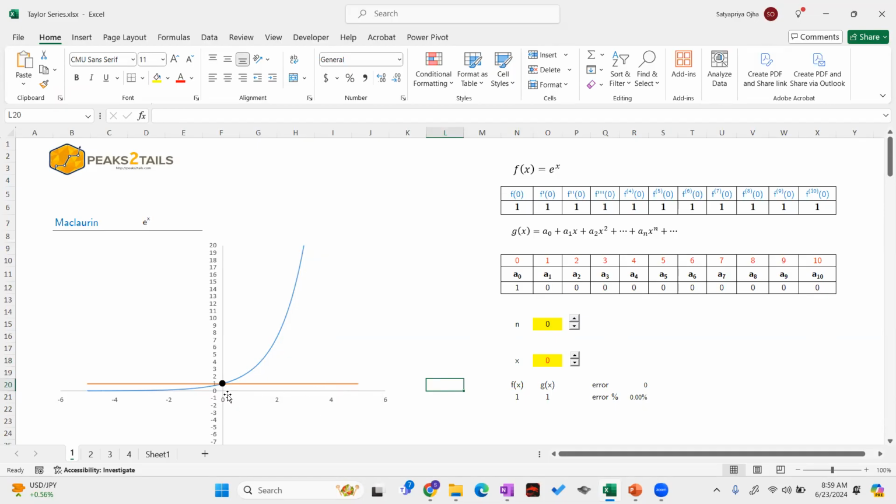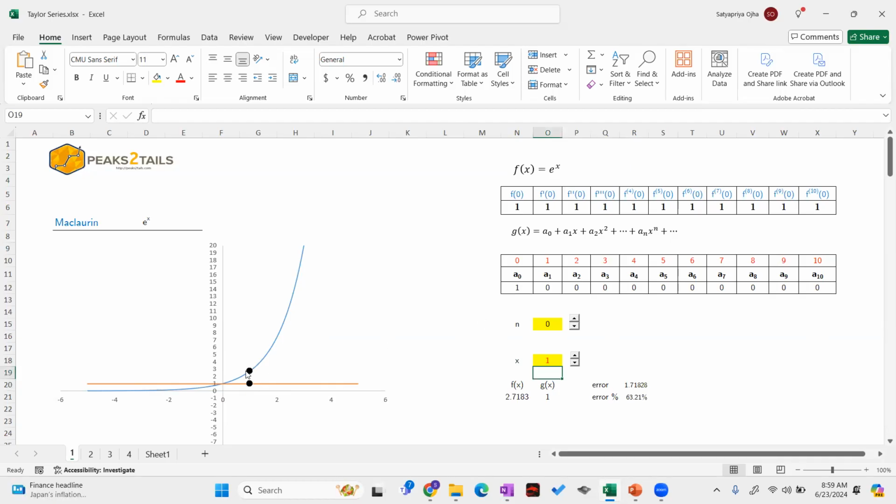So at x equal to 0, there is no error. Both match because it is expanded at x equal to 0. So it's designed to match at x equal to 0. The function definitely will match wherever it is expanded at. As you move away from x equal to 0, there you'll have errors. Okay. So if I go to, let's say, x equal to 1, now you see divergence.